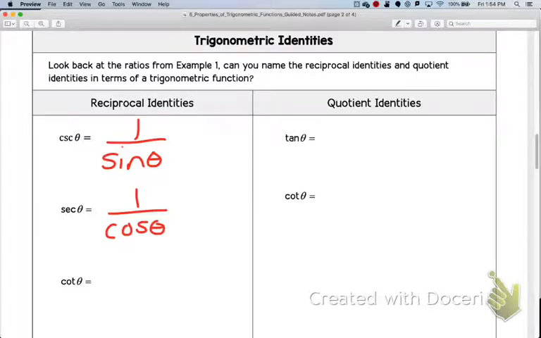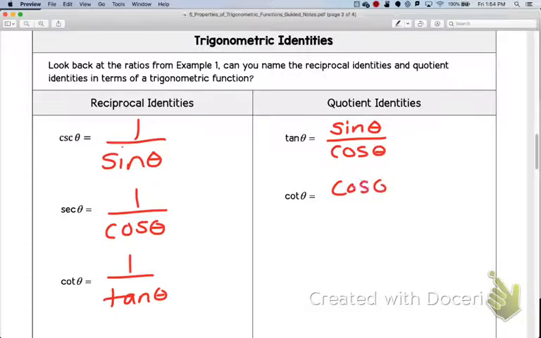And cotangent is the reciprocal of tangent, so 1 over tangent of theta. Then we can think about tangent and cotangent in terms of sine and cosine, which we call the quotient identities. So the tangent would be y, which is sine, over x, which is cosine theta, and the cotangent would be cosine theta over sine of theta, which I think we already knew, but now we have it written down in our notes officially.